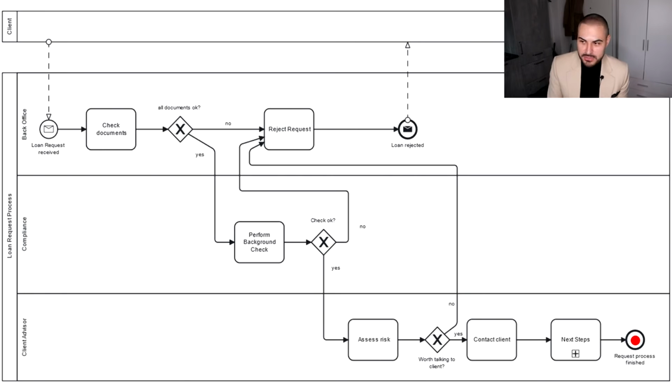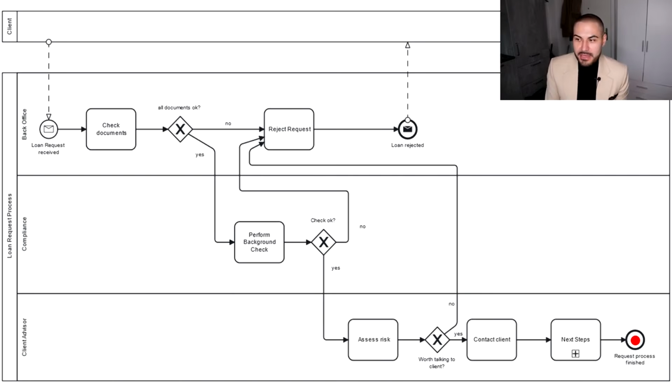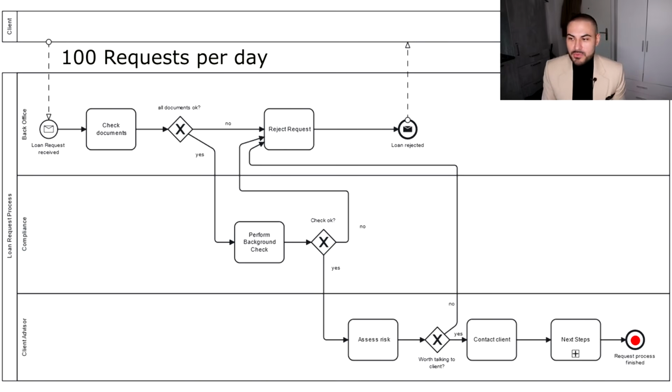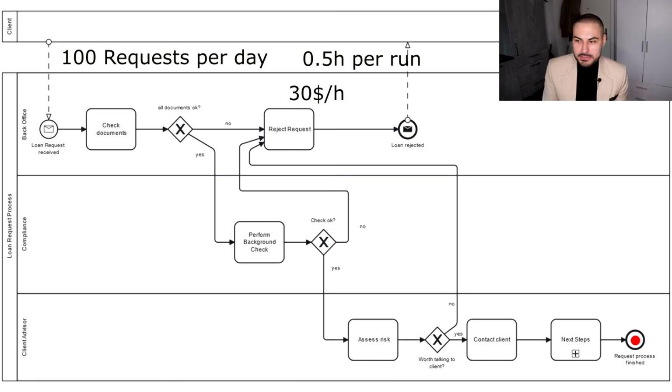If we have a process engine or KPIs around, we could maybe see something like this. Let's say the bank receives 100 requests a day. And let's also assume the process takes on average 0.5 hours for each run, so 30 minutes. And let's assume the employees involved in this process on average make $30 an hour, meaning we have 100 runs every day.